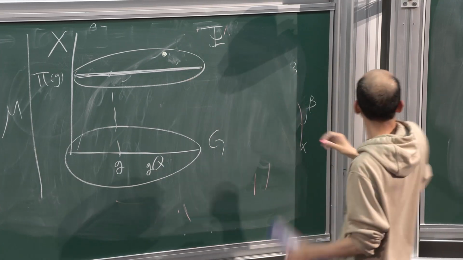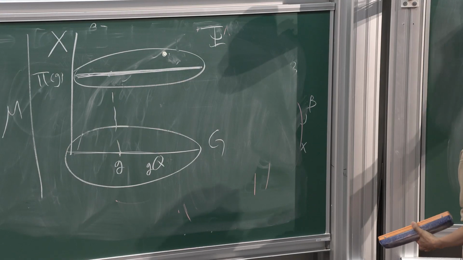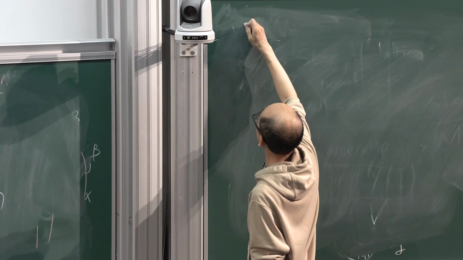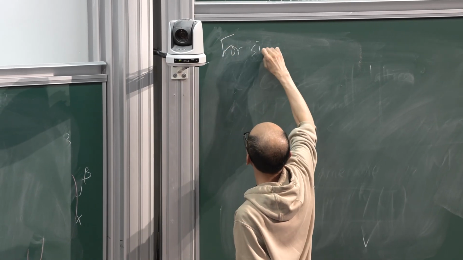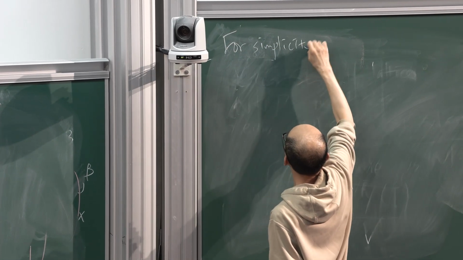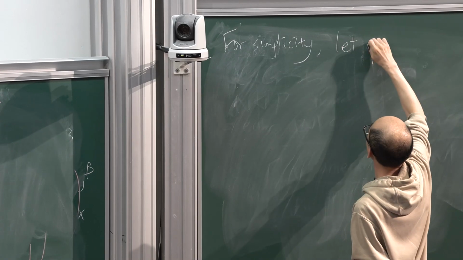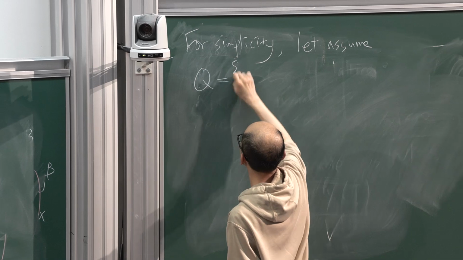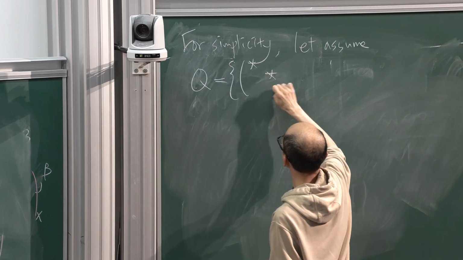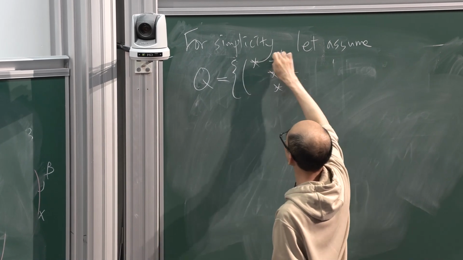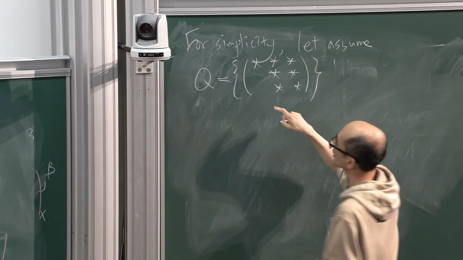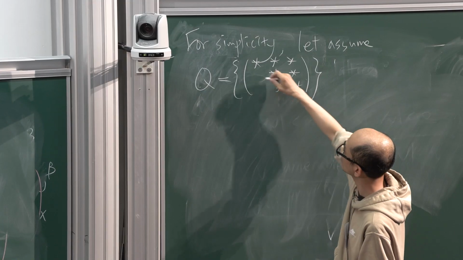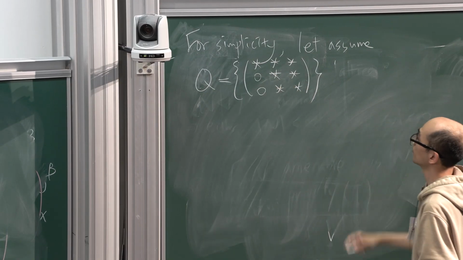Actually, if you write down V as the subgroup, for simplicity, let's assume that Q is the parabolic subgroup. We already know that Q is a parabolic subgroup, which is the closed subgroup that contains P.